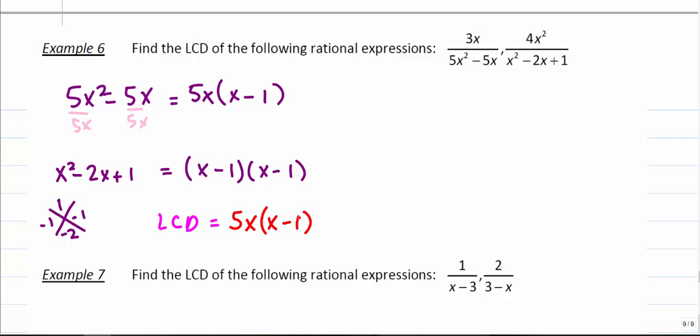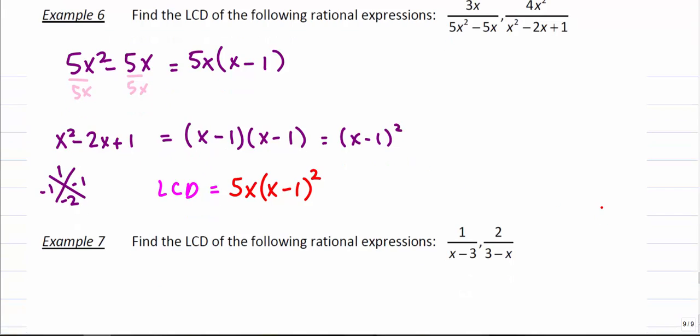So you would write it as x minus 1 squared. Because again, remember that's x minus 1 squared. Okay, there you go. There's an example of where one factorization has more than one of that unique factor.